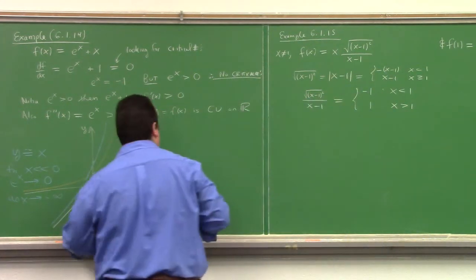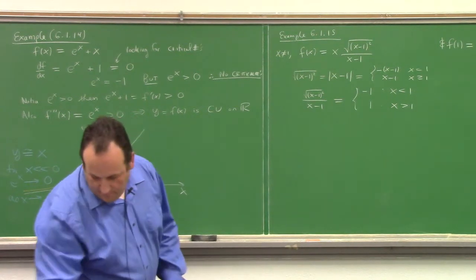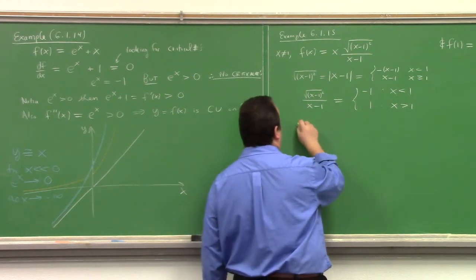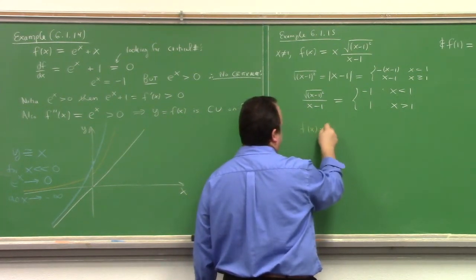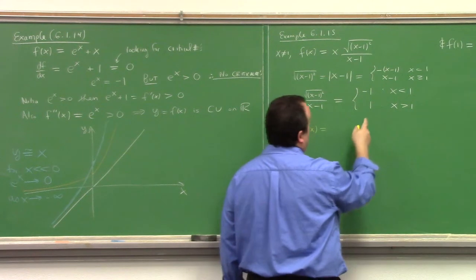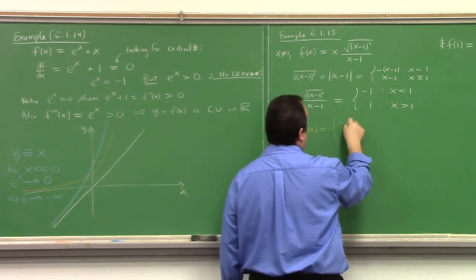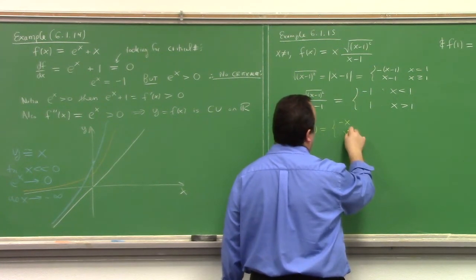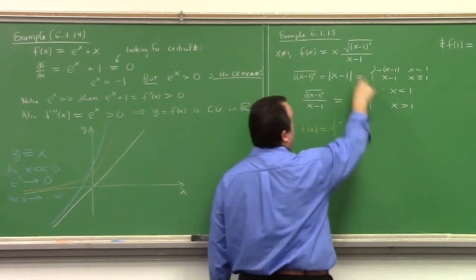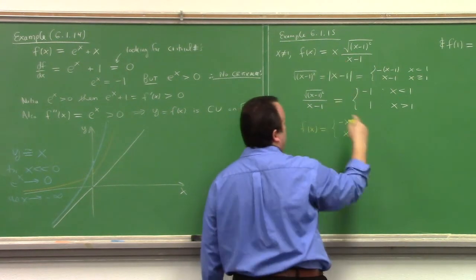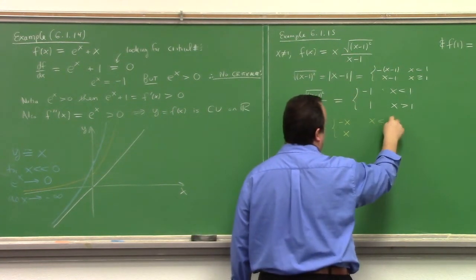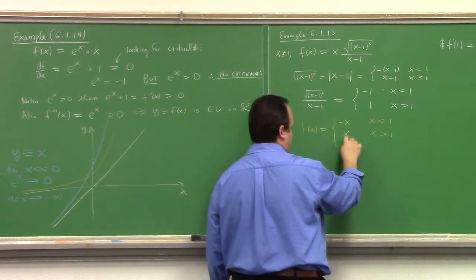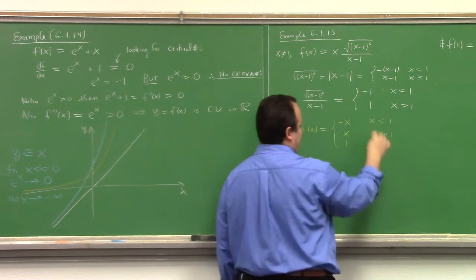What is this formula actually? We have f of x. It's either minus x or it's x, right? Because I do minus 1 times x or 1 times x, for x less than 1, for x greater than 1. And what else? It's 1 if x is equal to 1.